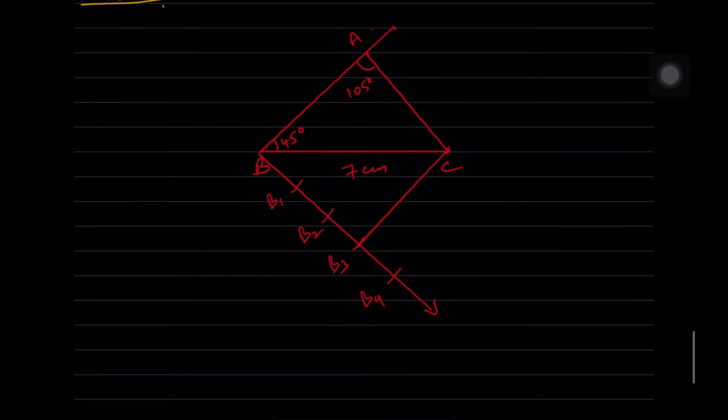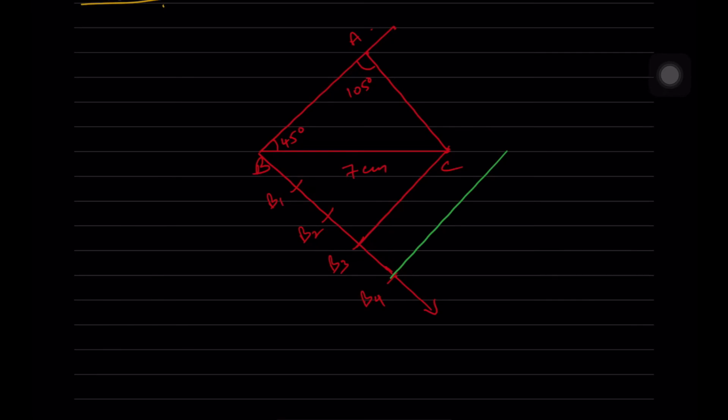Now we have to draw a line. So we are going to use the set square, or you can use your compass and scale, or you can use both the set squares to draw parallel lines. So this is the way you have to draw. From B3 to C we join it.